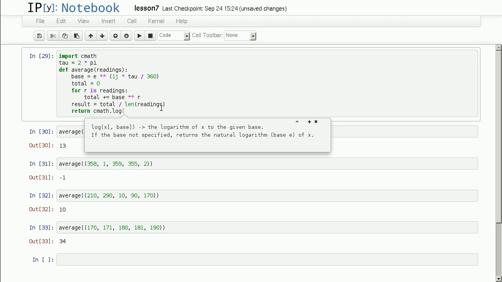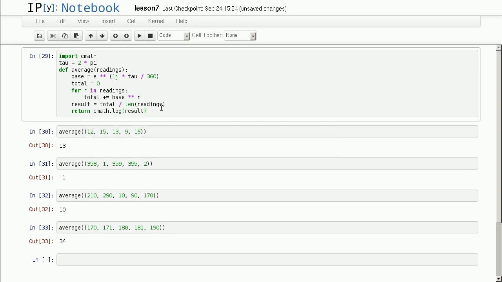I'm taking a logarithm of the result. Now remember that a logarithm is the inverse operation of exponentiation. So if I take the base to a power, and that power is a number of degrees, to find some point in the complex plane, then to reverse that operation, if I have a point in the complex plane and I want to find the number of degrees, then I use the inverse function of exponentiation, which is a logarithm.